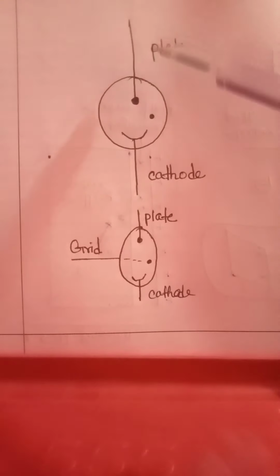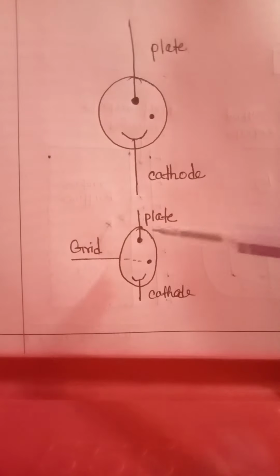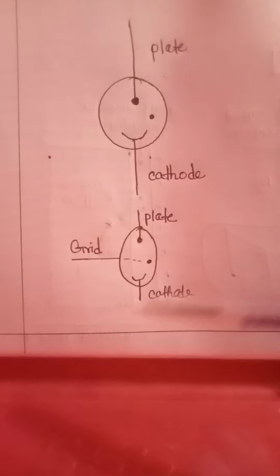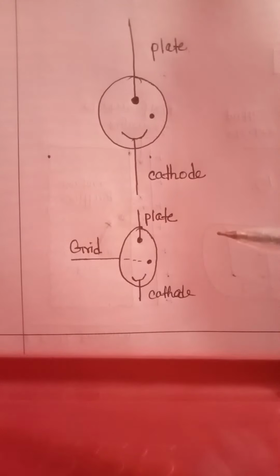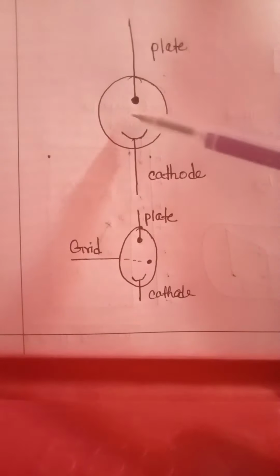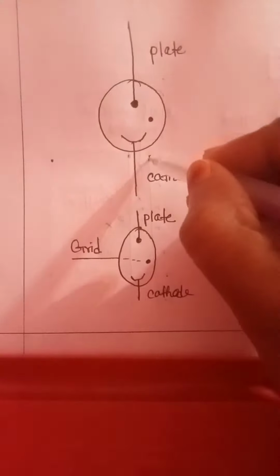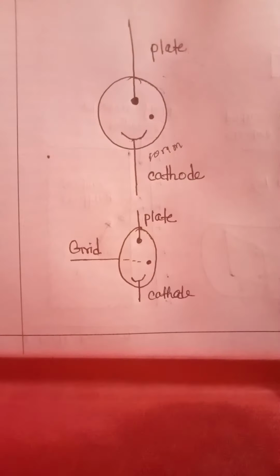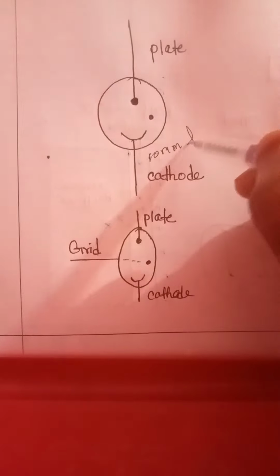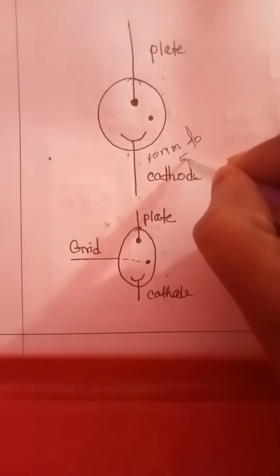So now we look at the gas filled tube in some figures. Firstly, we look at its symbol: this is the plate, this is the cathode, and this is the grid. A gas filled tube is essentially a vacuum tube having a small amount of some inert gas at low pressure.